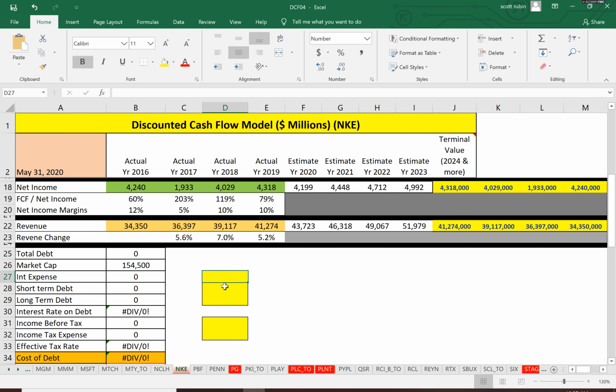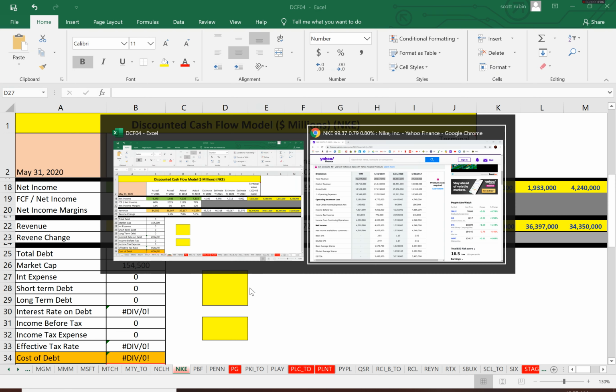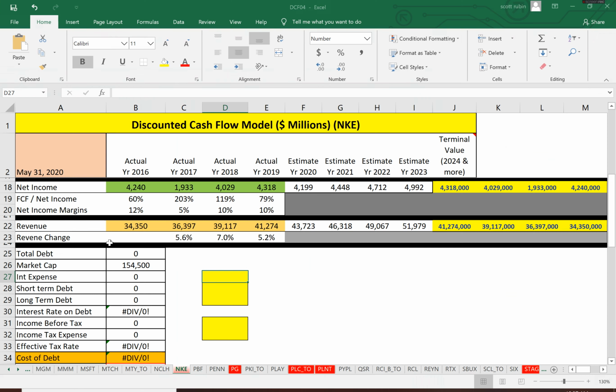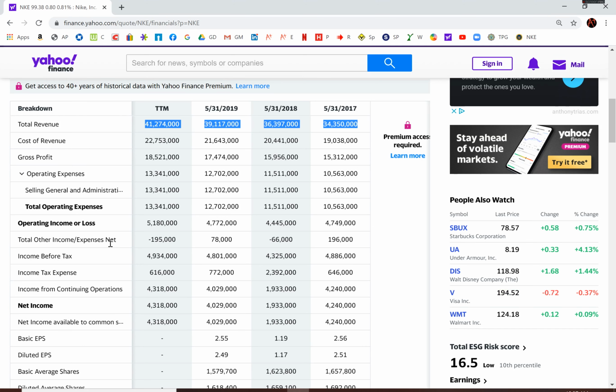Now we need to look at the capital structure of Nike and figure out the discount rate we need to apply to future cash flows. So there's no interest expense in Yahoo. So we have to go to the 10K.